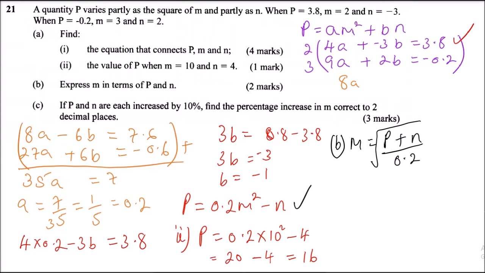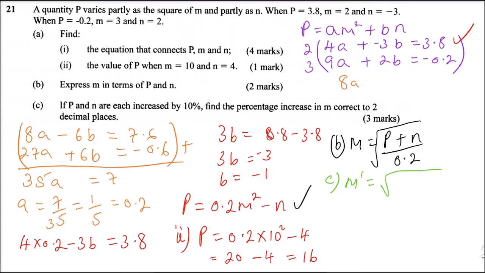And finally we have part C, if p and n are increased by 10%, find the percentage increase in m correct to 2 decimal places. So we can say our new m is equal to the square root.